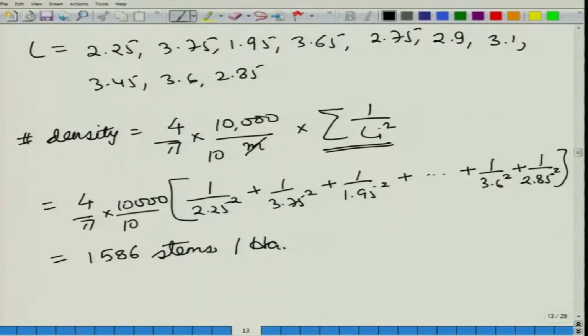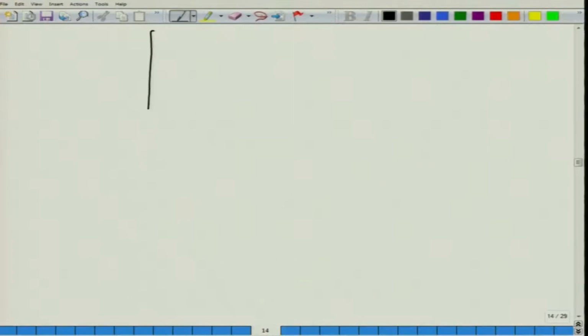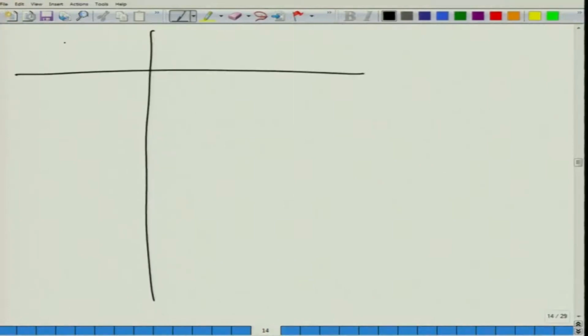Now, how do we do this large calculation on our sheet? What we can do is make a table of Li and 1 over Li square. We will have the values of 2.25, 3.75, 1.95 and so on.